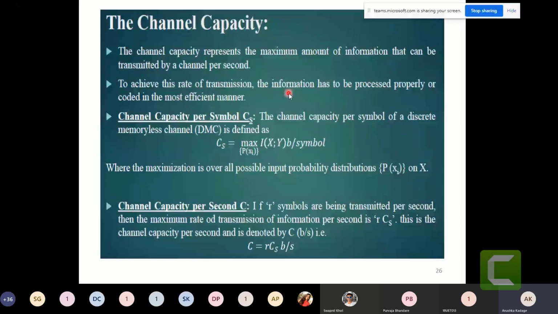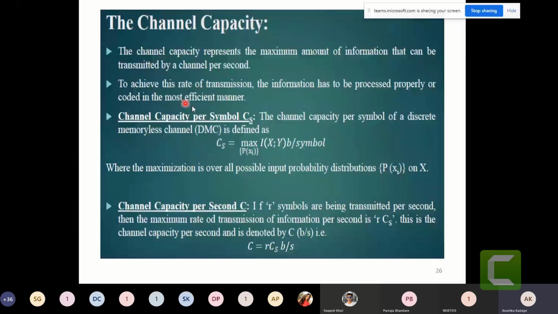Why is coding needed? Because we should not have any error occurring in the information to be transmitted. And if coding is not proper, definitely errors will occur in the information, and the maximum amount of information transmission will not be possible. And that's why we are saying, to get the maximum rate of transmission, information should always be processed properly or in an efficient manner.